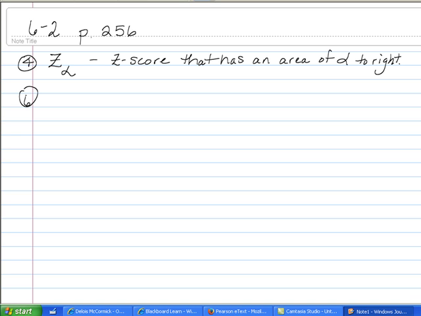Okay. Now we have a continuous uniform distribution, and if you remember, that is the one that looks like a rectangle. And I believe they have us refer to figure 6-2, so I'm just going to turn to that and duplicate it.